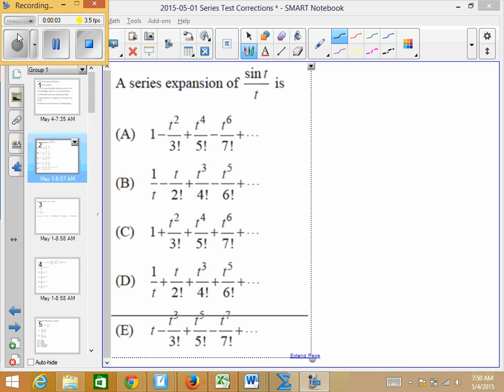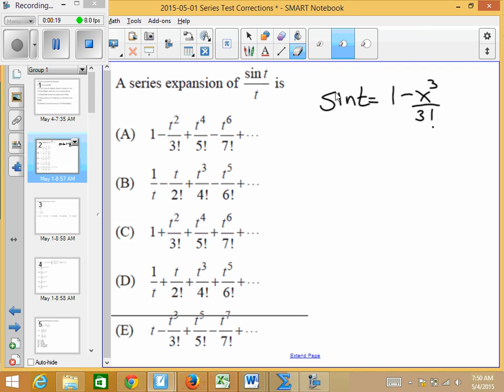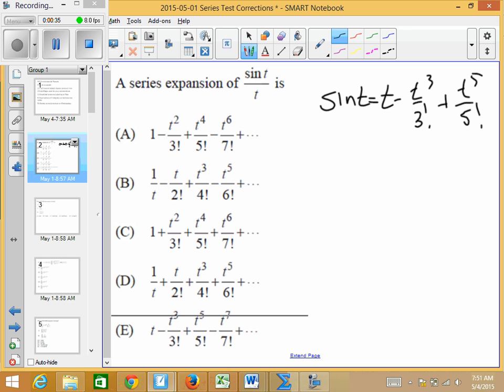So what you're doing in this problem, we're all supposed to have memorized the series for sine: t minus t cubed over 3 factorial, plus t to the fifth over 5 factorial, and so on.